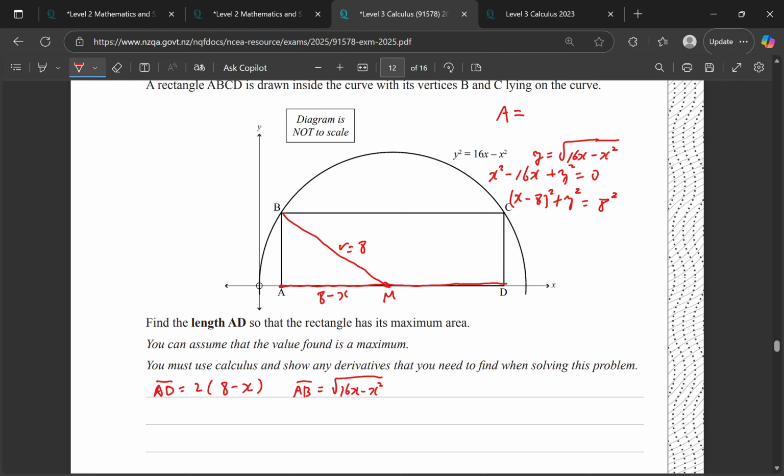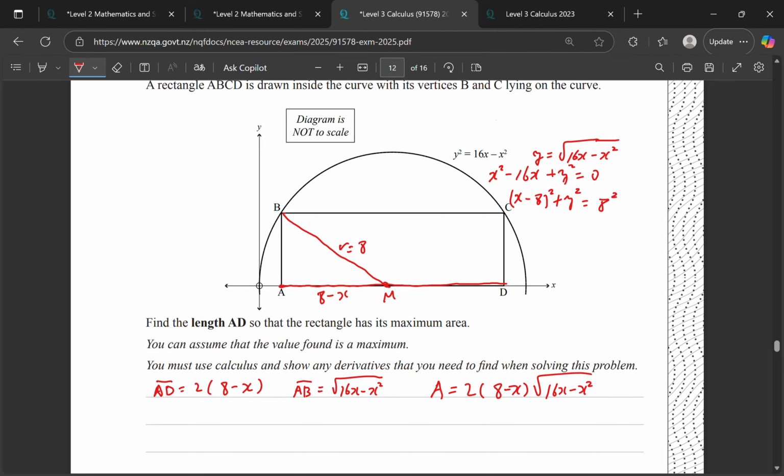Now I can write the area. The area of the rectangle is simply AD times AB, which is 2 times 8 minus x times the square root of 16x minus x squared.